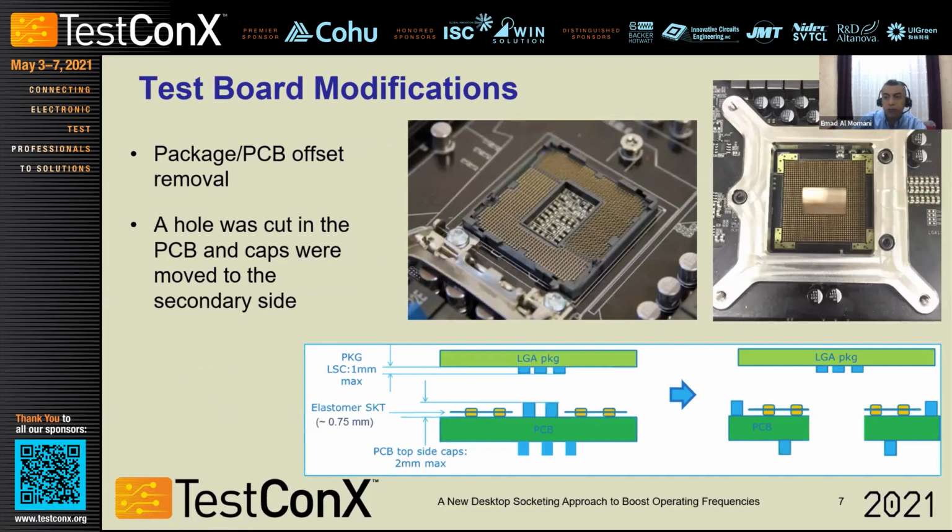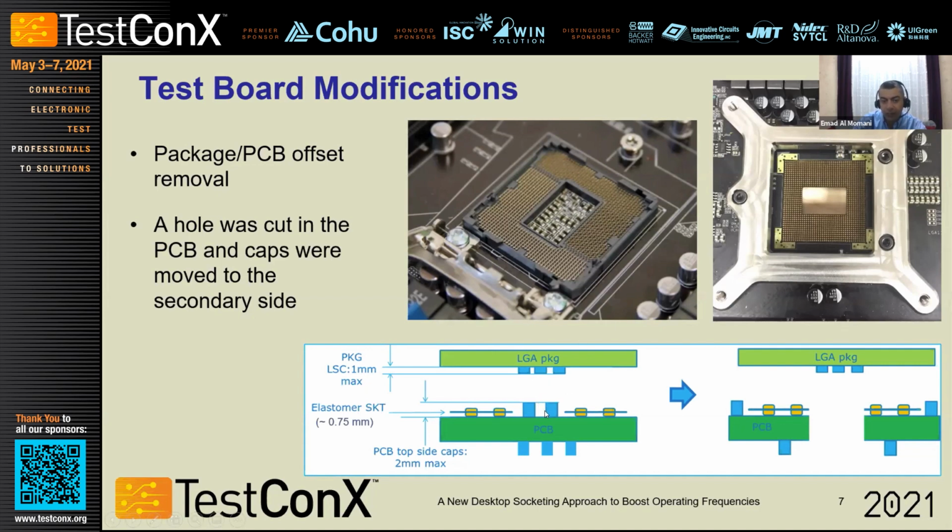Okay. I would like to highlight a few of the things that we had to do to the platform to enable the new socketing options. As I mentioned, both technologies are shorter in height, which is our target, to use these short pins. If you look at the motherboard here with all these decoupling caps, there's no way we can support the new sockets while these are here.